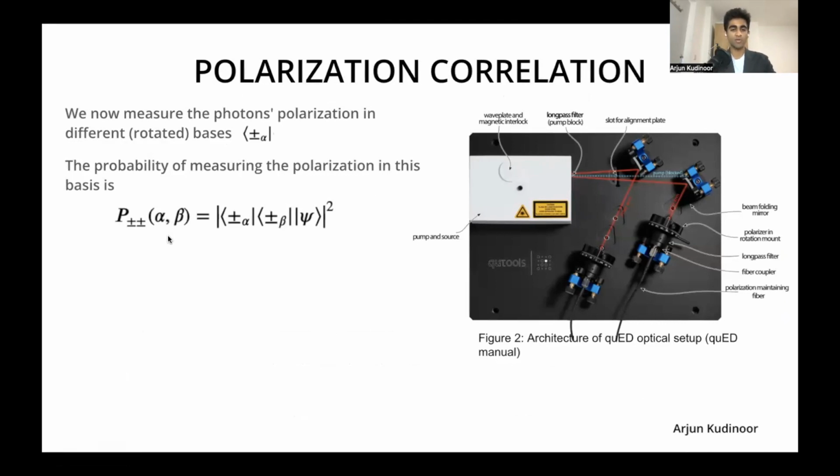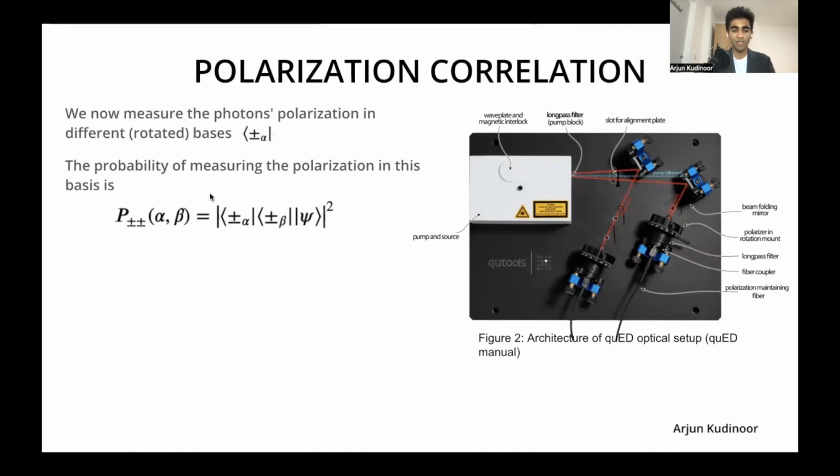So we first construct a probability of measuring the polarization in this plus or minus basis with different angles for rotating our axes. That's given by this state here. Don't worry too much if the mathematics here doesn't track. The punchline doesn't require this mathematics. It's just there so that if you wanted to derive it yourself, you could.